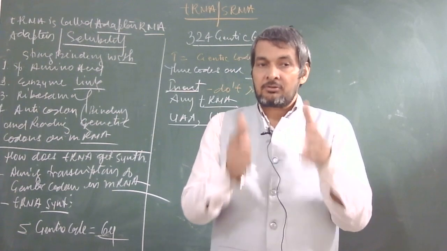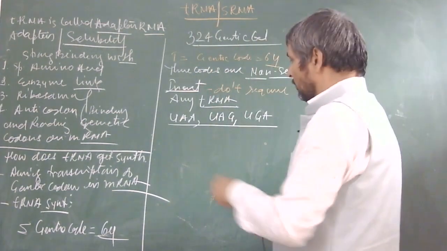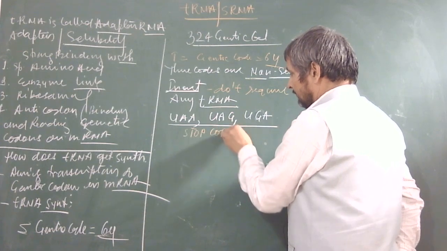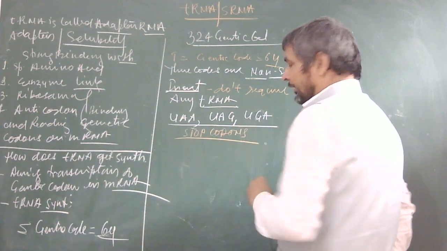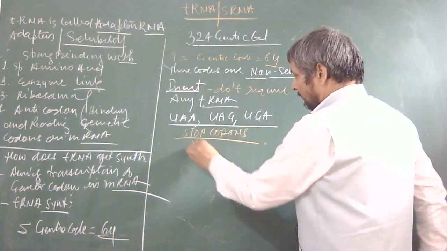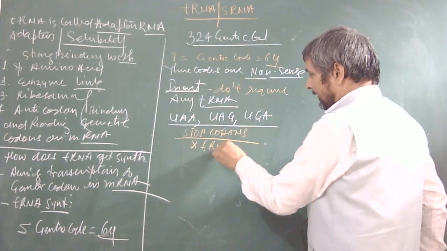So these 3 codes are known as stop codons. Stop codons have no transfer RNA.